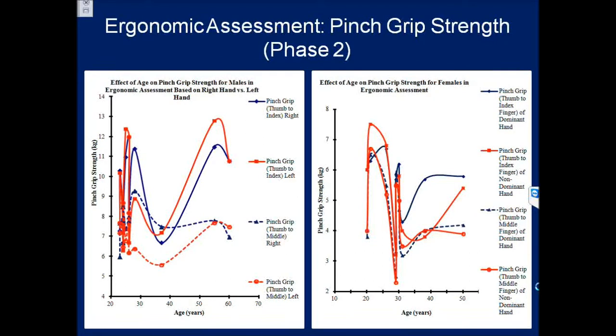And on the pinch grip, I did 2 pinch grip strengths. I did this one, which is one you see more data on, and then there's this one, because I was trying to look at the fact that when you're doing some of the procedures, you may do more of this than always this. So I was using those measurements to help me analyze how much exposure was gotten, how it might affect the RULA scores, and how those factors could affect how long it might take you to do it.